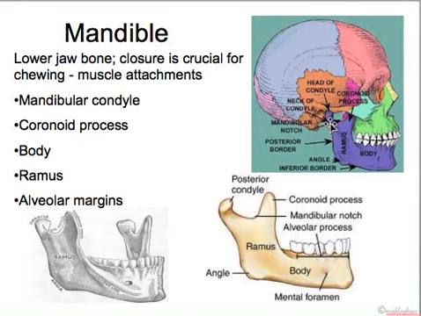Which makes it very interesting: you have two joints formed by three bones, but one of the bones is a single bone. So if you break that jaw, you're going to have a problem with the chewing mechanism, for example. Clinically speaking, it's a very delicate situation, even though chewing is such a regular thing we always do. Okay, so that's the condyle.